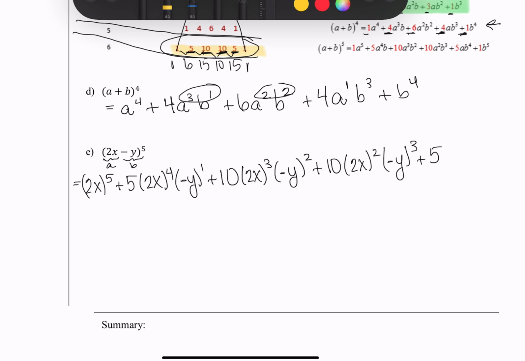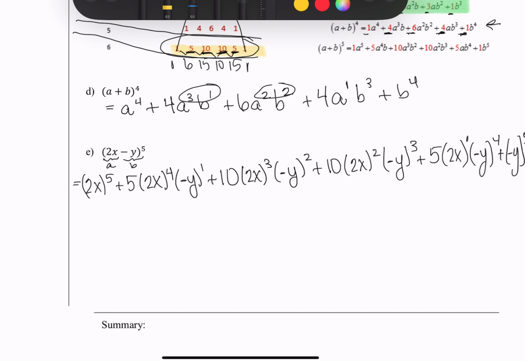A, or my 2x, gets 1 less degree. So it's just to the first degree. And negative y picks up a degree. So it's up to 4. My last coefficient is going to be 1. And I'm just going to take my b, or my negative y, and that gets all the powers. So it'll be plus negative y to the 5th degree.